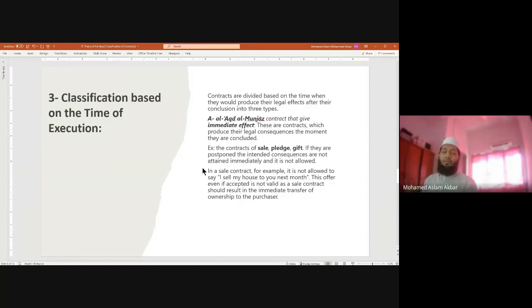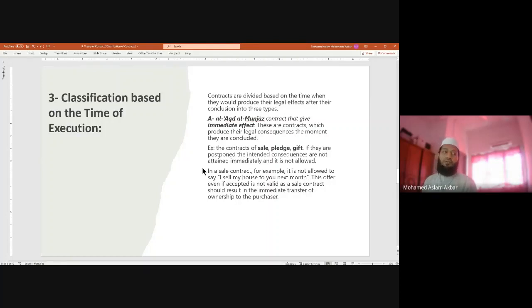In a sale contract, it is not allowed to say, I sell my house to you next month. This offer, even if accepted, is not valid, as a sale contract should result in the immediate transfer of ownership to the purchaser.